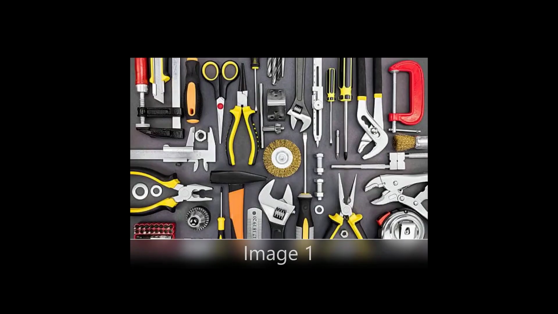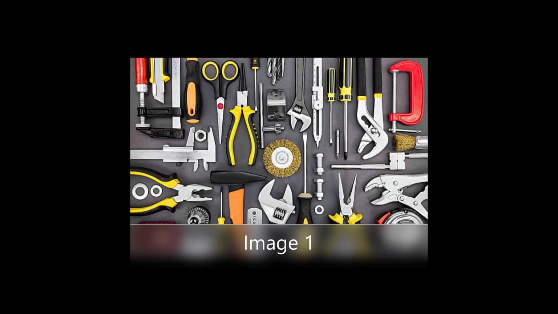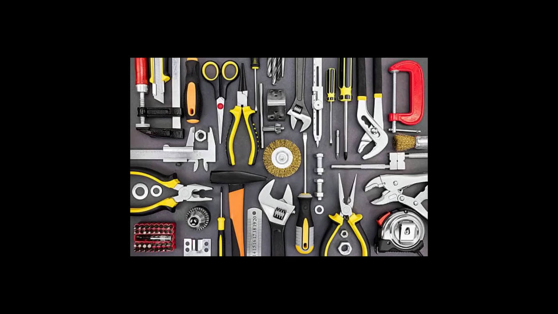Let's move on to part D, which is about basic hand tools used in the laboratory. There are many tools used in the lab, such as pliers, screwdrivers, claw hammers, vice grip, knives, scissors, adjustable wrench, sucker, measure tape, and so forth. You can see all these tools in image 1.